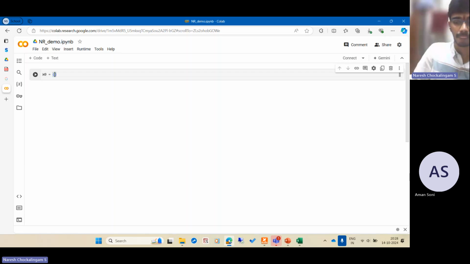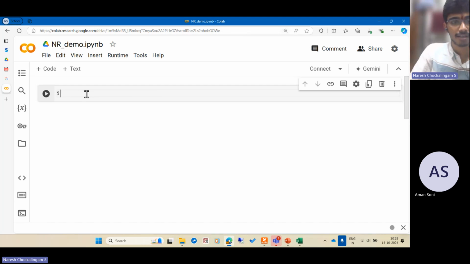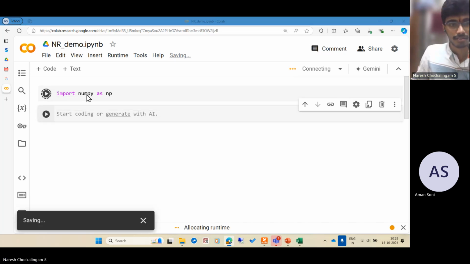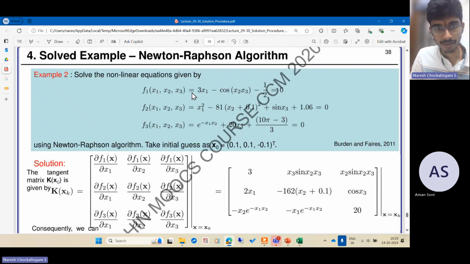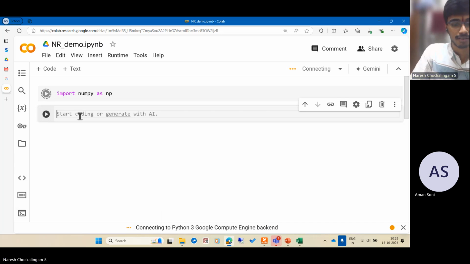So in Python, you need to import certain libraries, say import this NumPy library. It's important. They have already computed the tangent, so we'll use the tangent. So let's use one function for compute residual.